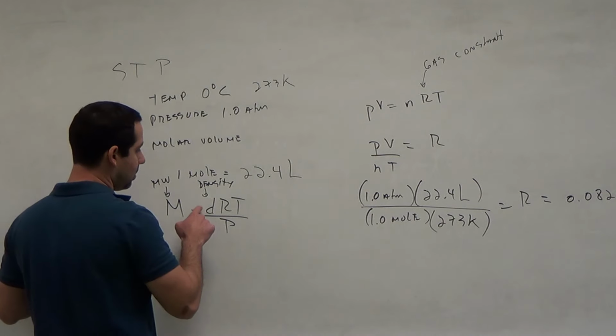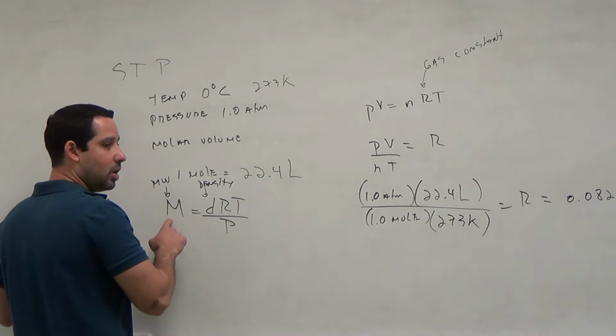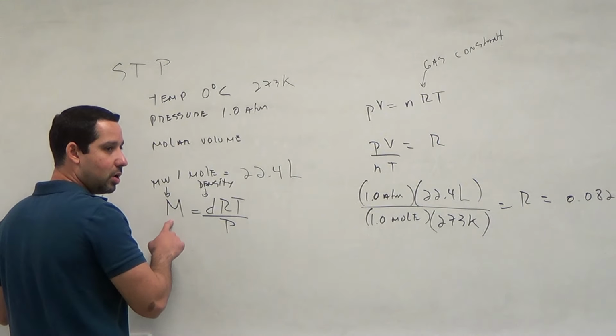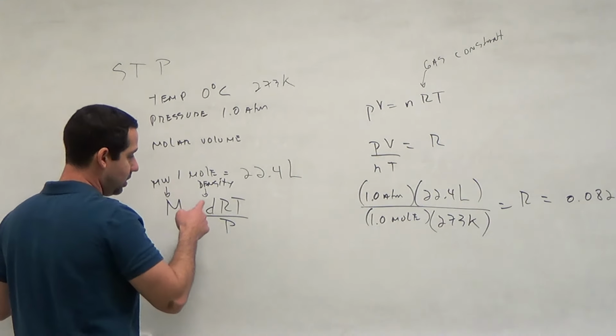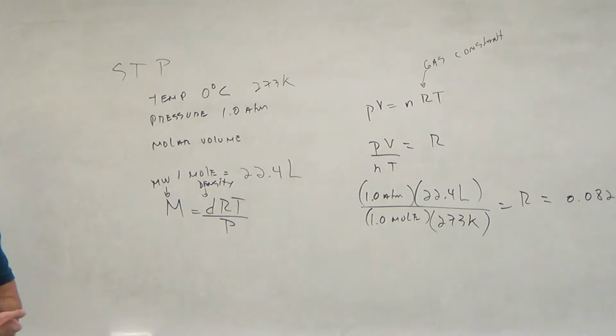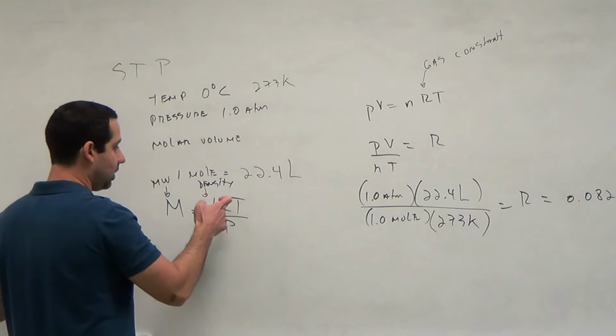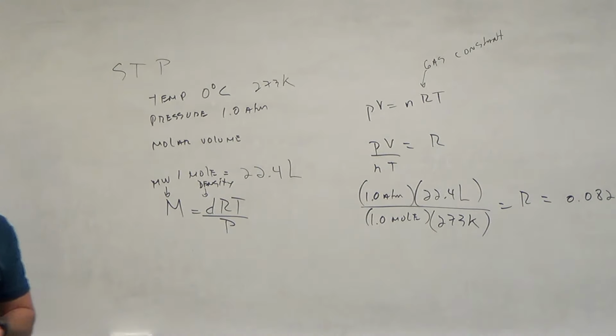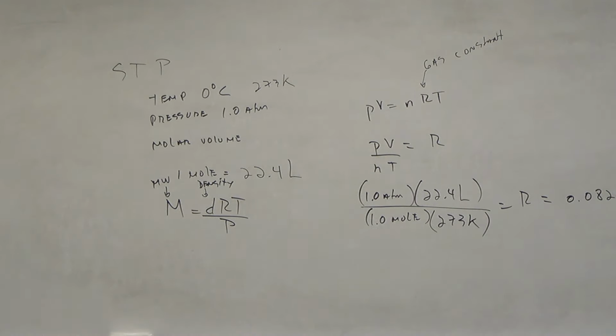The higher the density, the what, the molecular weight? The greater the molecular weight. Or the greater the molecular weight, the what, the density? The greater the density, if you are at a specific temperature and pressure that doesn't change, yes? So you can tell when a gas has a higher molecular weight based on the density.